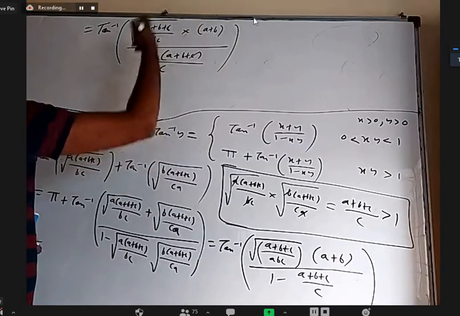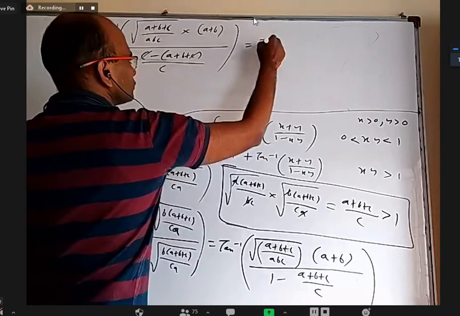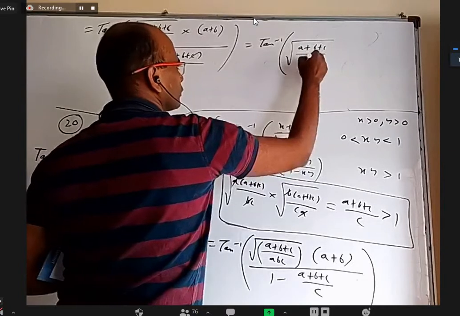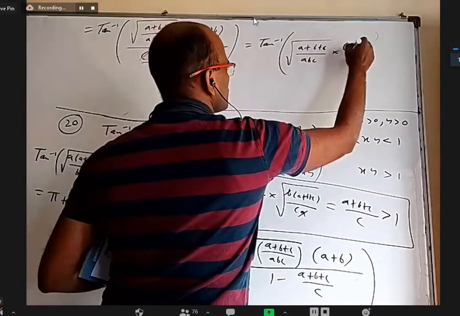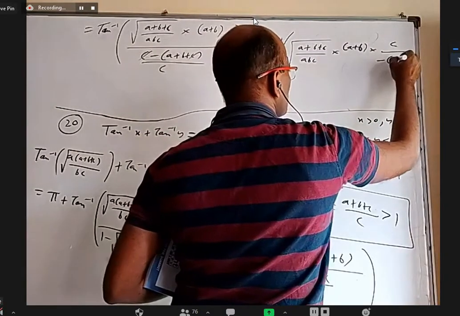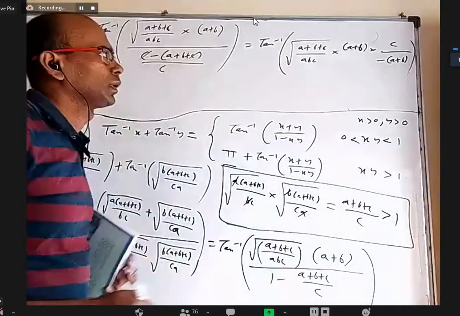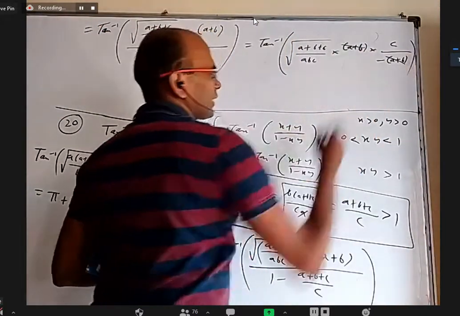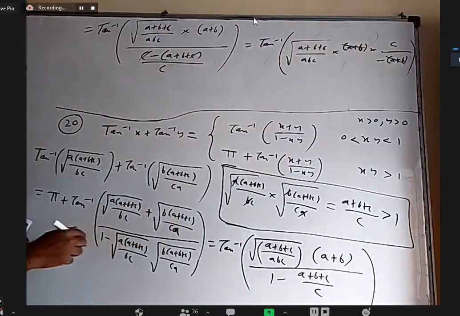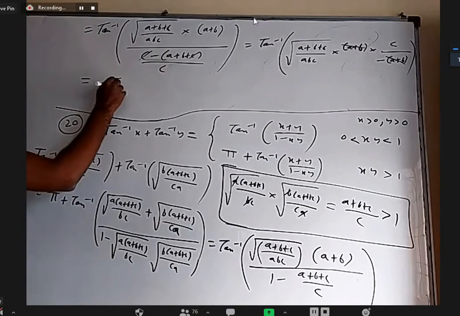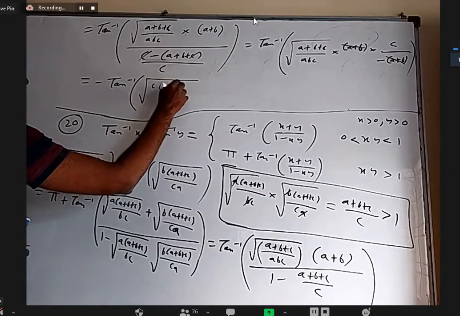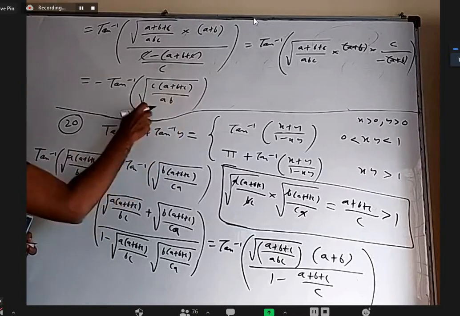Minus (a plus b), and this will cancel, c will go up. This is a plus b. This reciprocal is c by minus (a plus b). The a plus b and a plus b will cancel. This c will go inside and this minus will be left. Minus you can take out, which is equal to minus tan inverse of square root of c times (a plus b plus c) by ab, which is exactly the third expression.